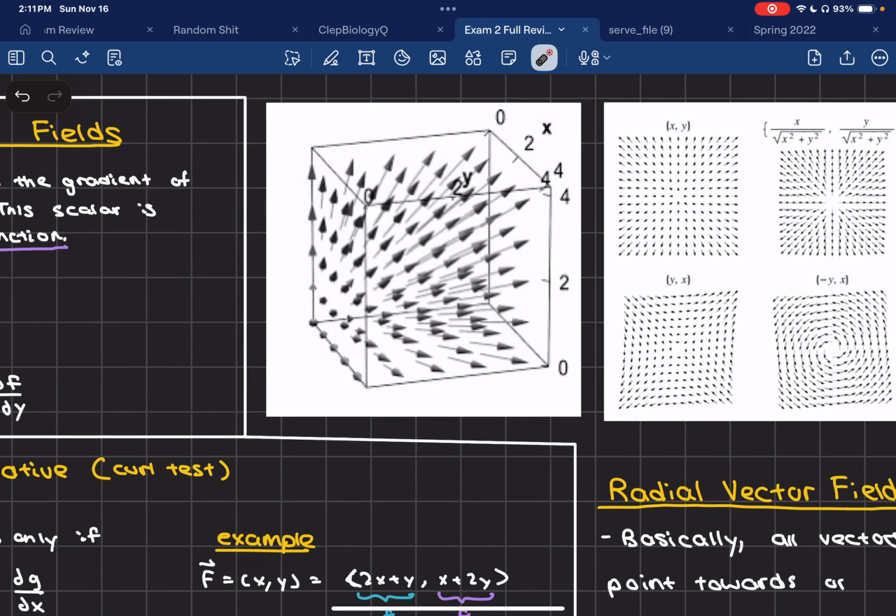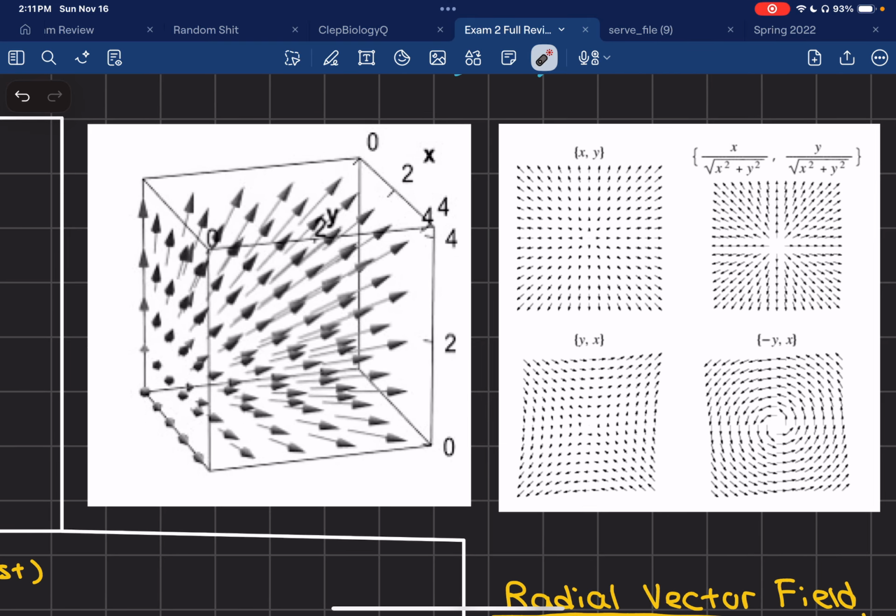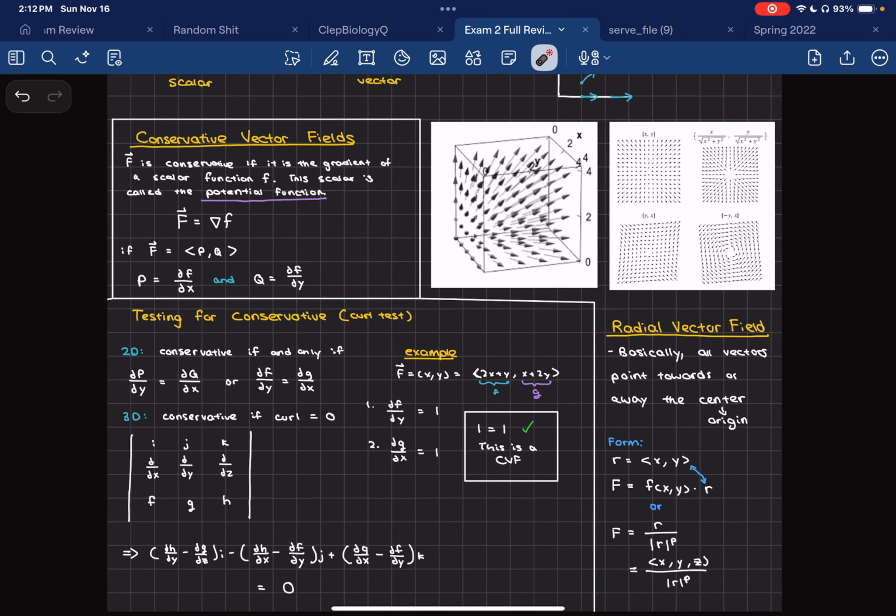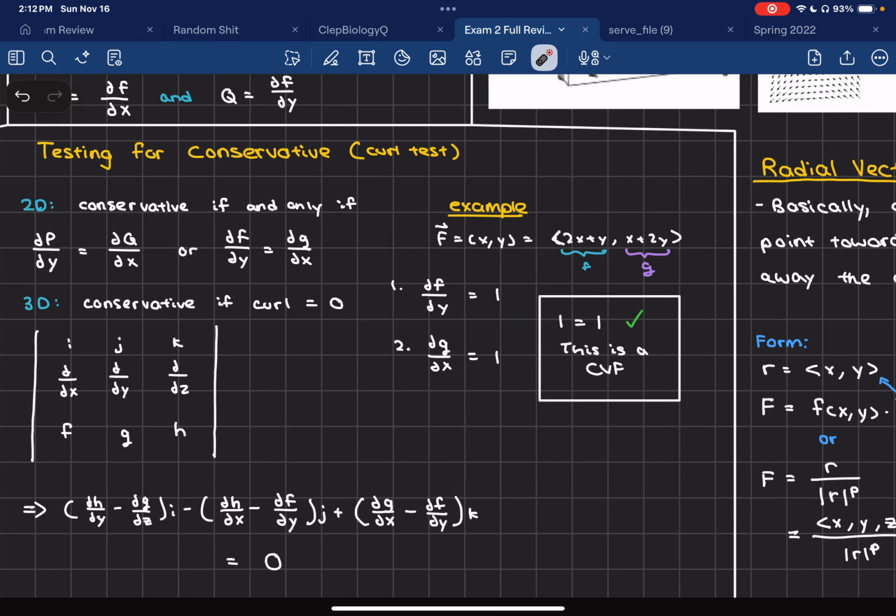So here are some examples of some more complex vector fields. You don't have to know all these, especially not the ones in 3D. But here is how you test for conservative. These are for the curl test. 2D is a lot easier.